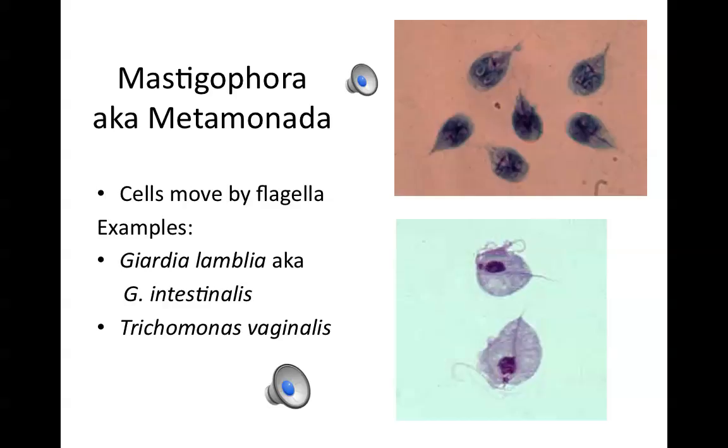Oftentimes, the older classification schemes, like the Mastigophora, simply relied on motility structures, like flagella, and didn't look at more detailed descriptive characteristics. That's often why some scientists still use the older classification schemes. They're simply simpler.